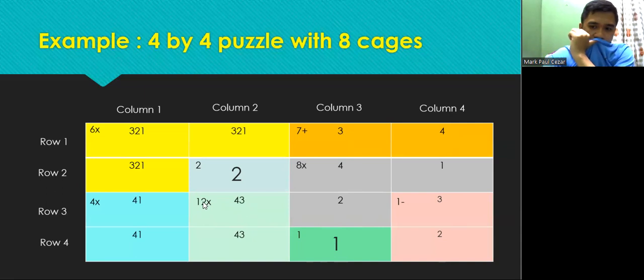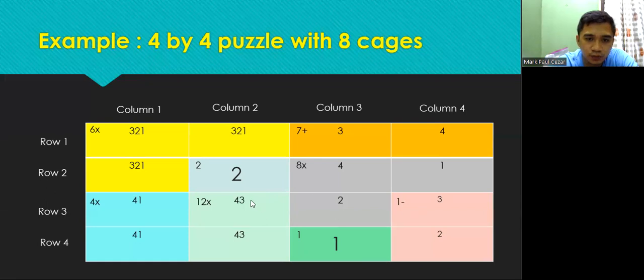We are going to move here in 12. The target number is 12 and the mathematical operation is multiplication. Since I already put 3 in this box, I will be manipulating this combination by putting the 4 here, and then 3 here.